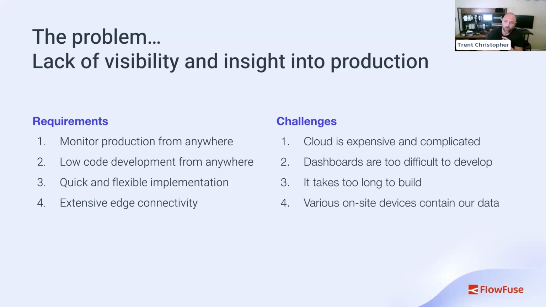What we need to do is monitor production and asset data from anywhere. It needs to be low code, so it's relatively easy and quick to develop, and it needs to be flexible for implementation. There are many possible architectures and many devices to connect to, and that's where the extensive edge connectivity comes in for our requirements.